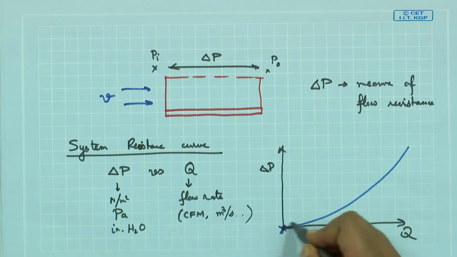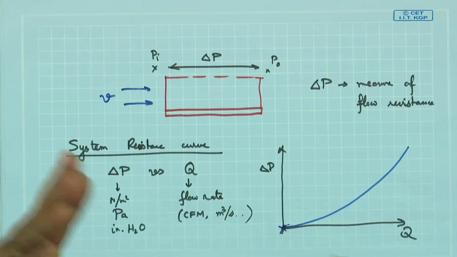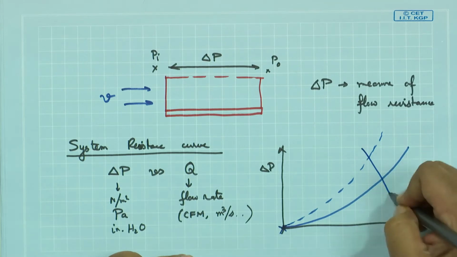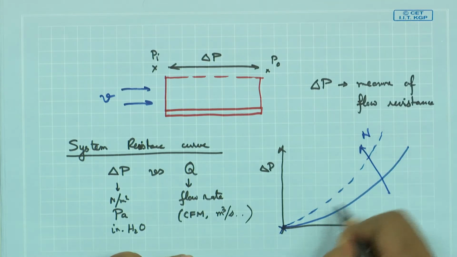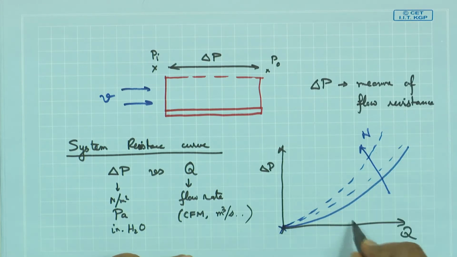Now, let us say I increase my number of fins. What happens? The system resistance is going to go up, because my channels are now becoming smaller. The flow has to squeeze through narrow channels right now. So, as my number of fins increases, my system resistance curve moves upwards, which means for a given Q, my delta P is higher.